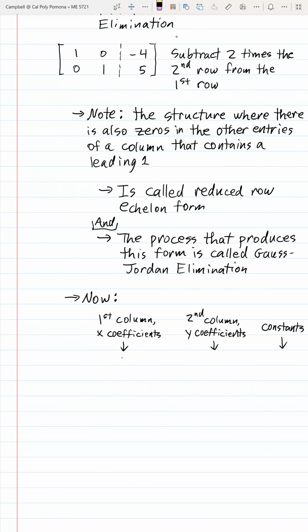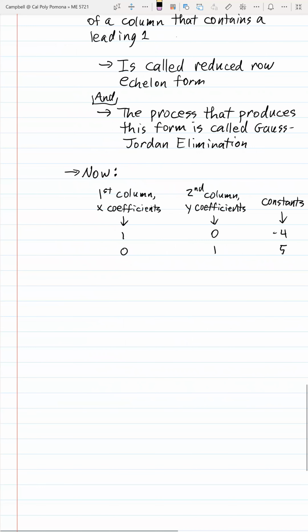And so then for us, we just end up with 1, 0 for this reduced row echelon form, 1, 0 for the x coefficients, 0, 1 for the y coefficients, negative 4 and 5. And I talked you through this.